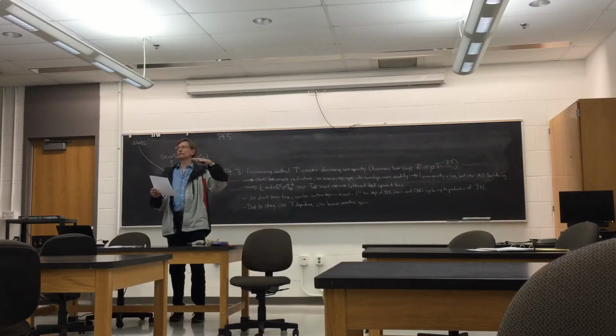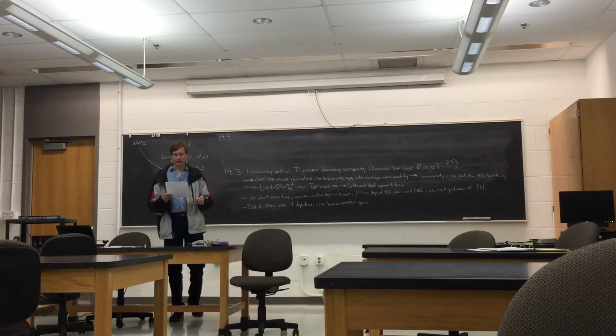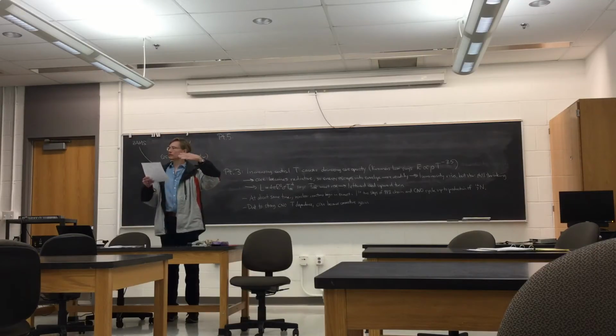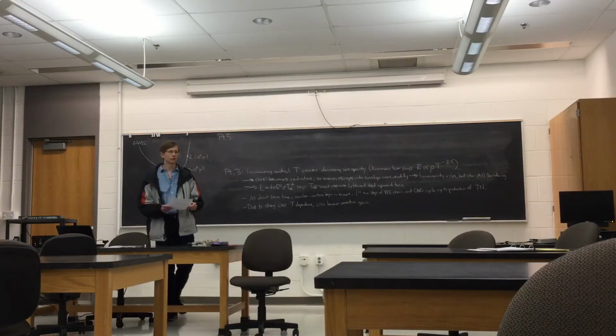So epsilon for the nuclear energy generation rate increases. That makes epsilon gravity negative because the core is expanding. And in fact, the luminosity of the star drops because even though you're generating more energy by nuclear reactions, you're actually using so much of that to expand the core that it reduces the luminosity overall.